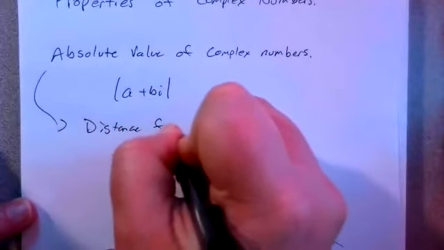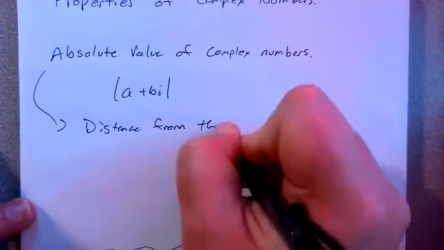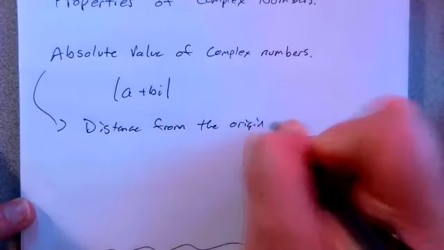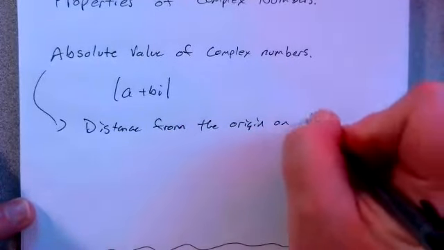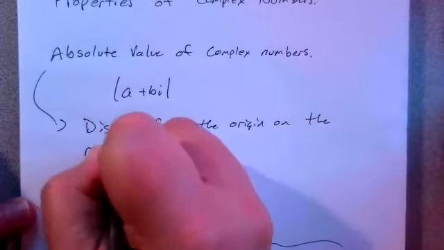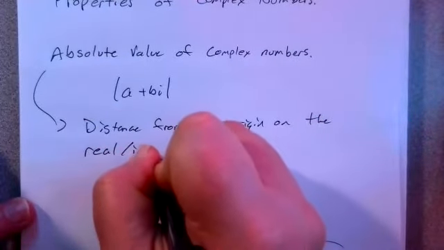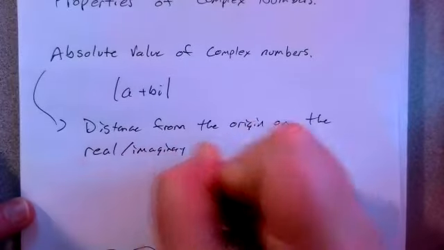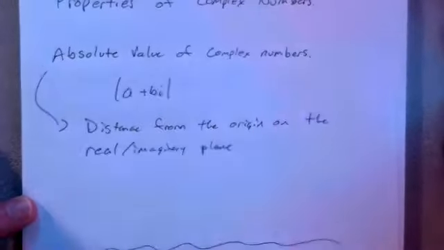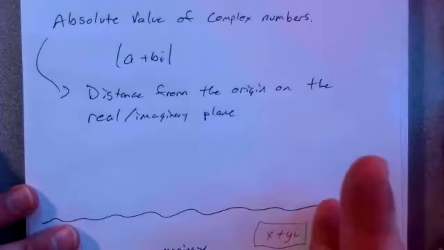So the absolute value of complex numbers is the distance from the origin on the real imaginary plane. And we're going to give it a formula.